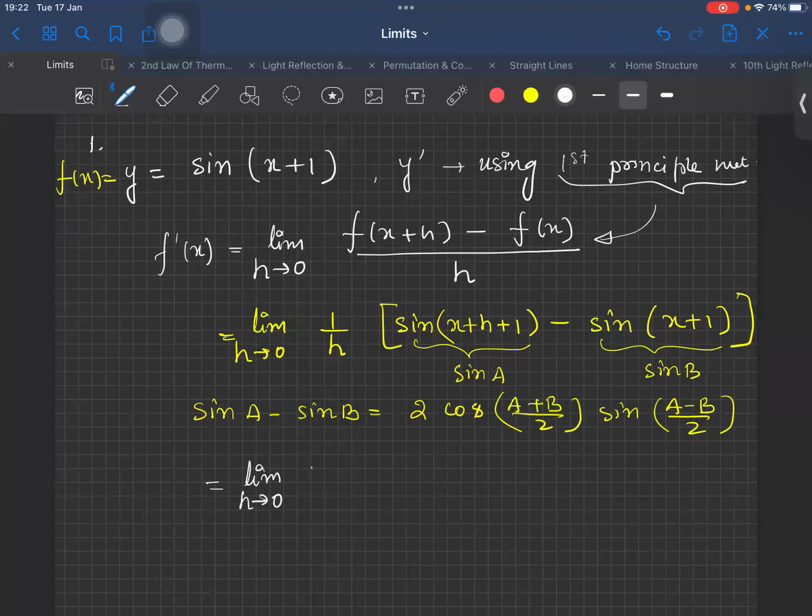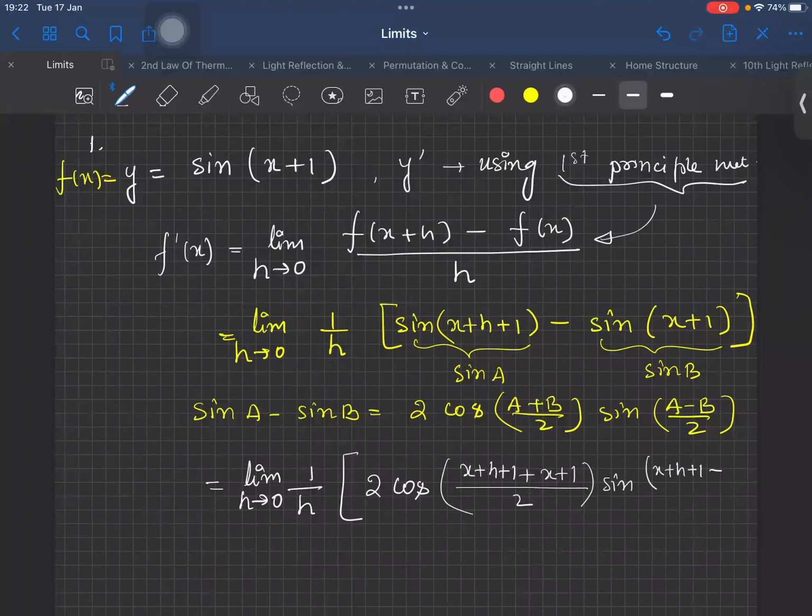So this will be limit h tends to 0. Now 1 upon h is already there. Now let's write down 2 cos of a plus b by 2, where a is x plus h plus 1 and b is x plus 1, whole divided by 2, times sine of a minus b by 2, so x plus h plus 1 minus b, where b is x plus 1, divided by 2.